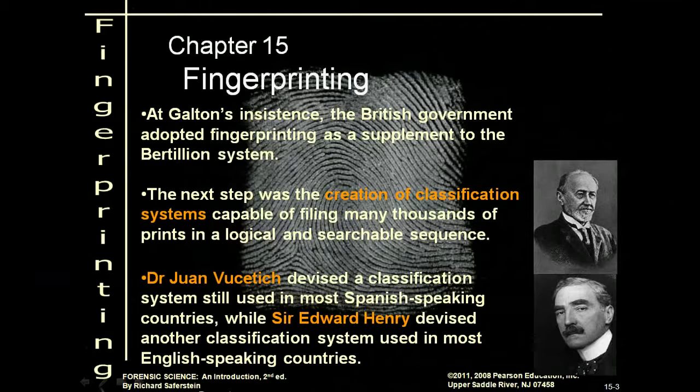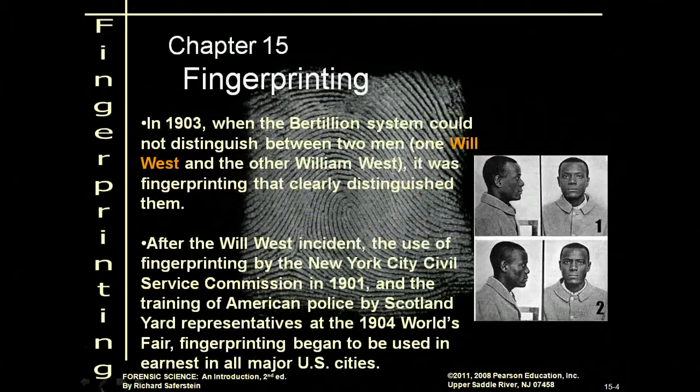His system is still used in most Spanish-speaking countries. Then there's also Sir Edward Henry, who devised another classification system around the same time. There's similar types of systems, but most English-speaking countries still use the Henry method, including, of course, America. It's evolved a little over the years, but it's still used.